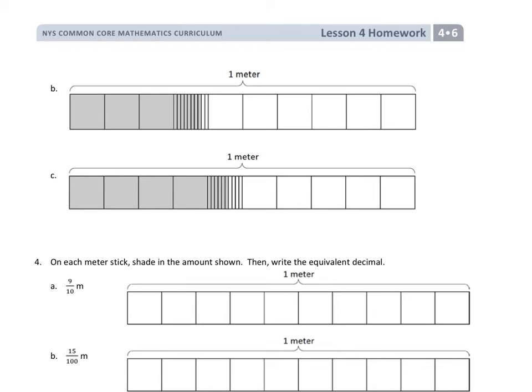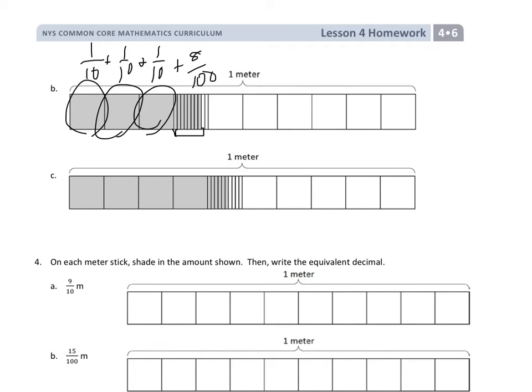For part B, students are going to do the same thing. They can count these up as tenths. So they have 1 tenth plus 1 tenth plus 1 tenth. And then counting up how many hundredths they have here, they have 8 hundredths. So this is the number sentence, and then students may want to put in the numbers in the place value.